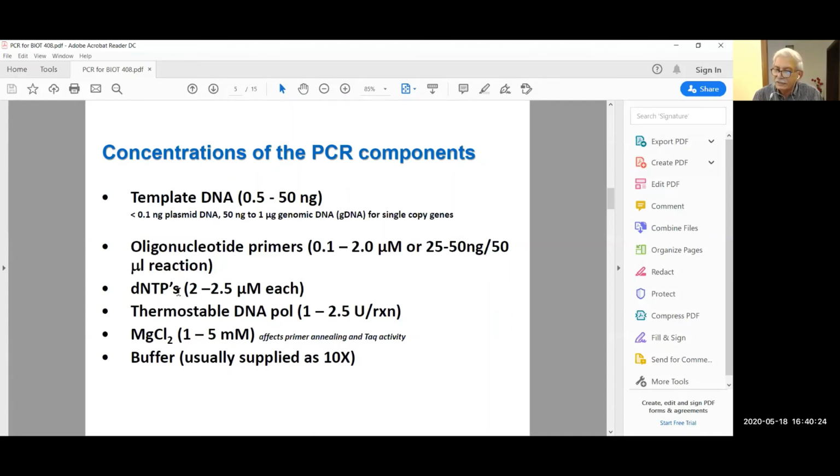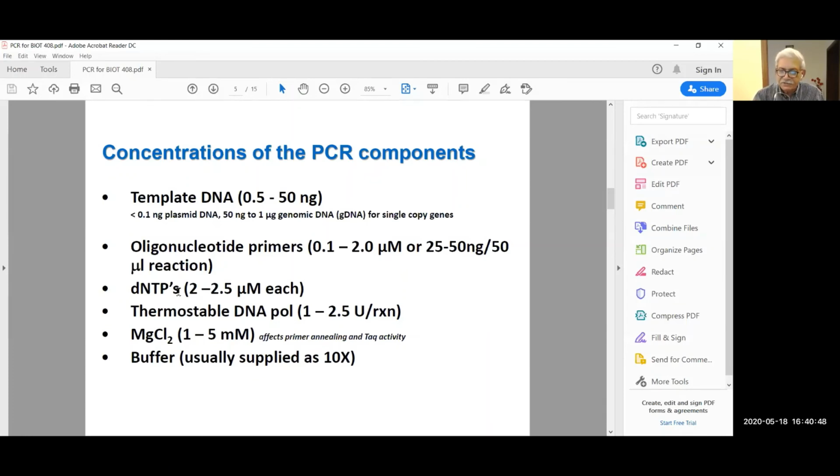And your DNA, also in nanograms. If you use plasmid, say 0.5 to 1 nanogram of plasmid. If you use genomic DNA, say 50 nanogram, 60 nanogram, or 40 nanogram. Don't answer in microliters. Okay, so this is the take-home message.